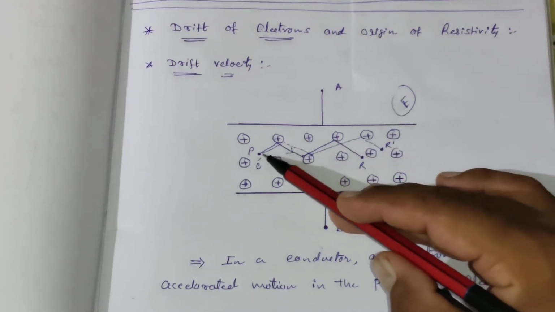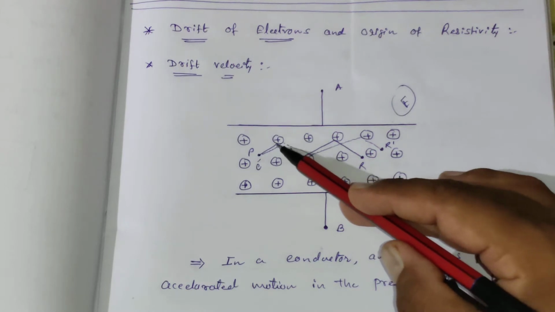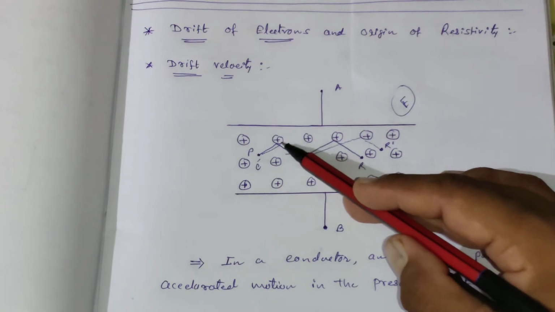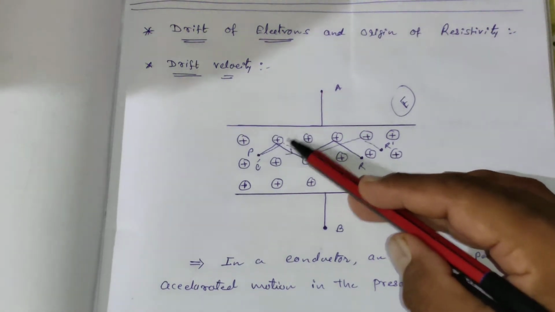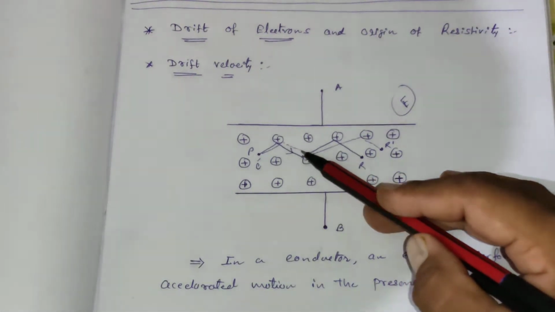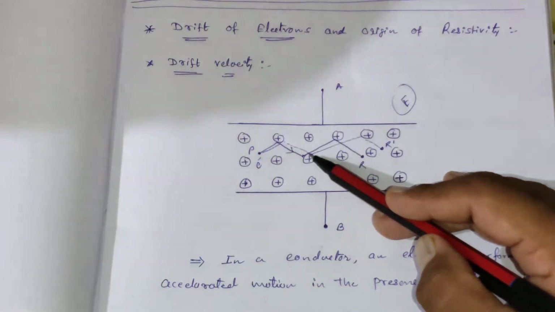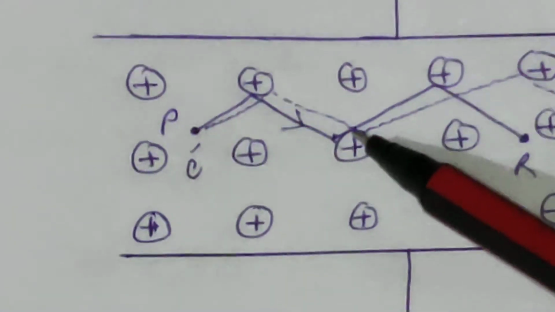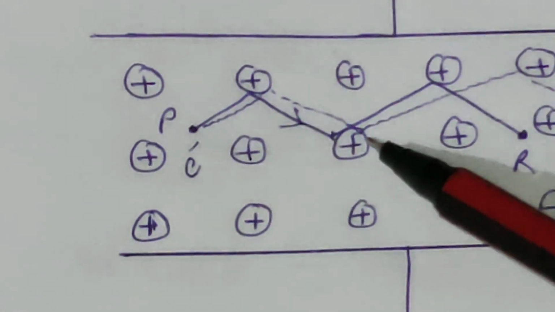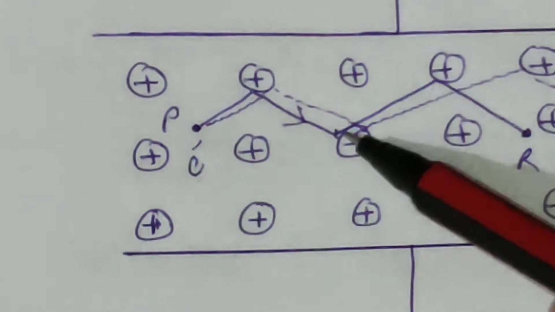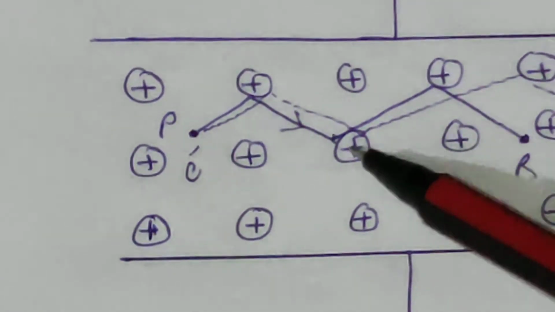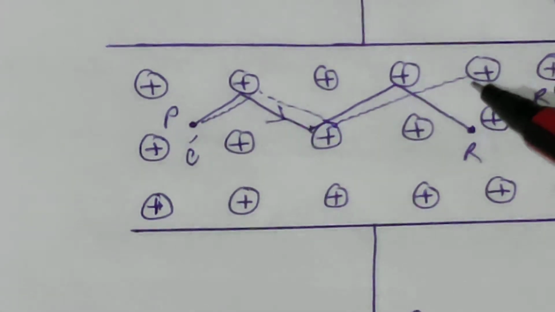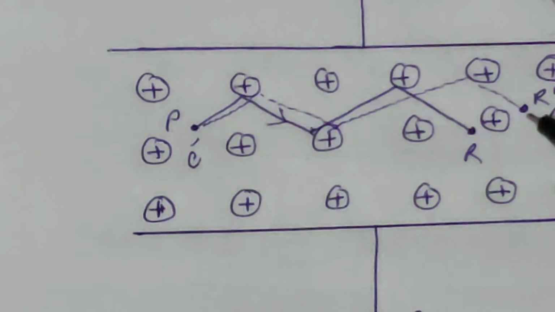At first, a collision occurs over here, but due to the presence of the electric field, the place of collision differs. Similarly, a little change is also observed here. Now the collision occurs here instead of this place, and now it moves in this direction, and here a collision occurs.